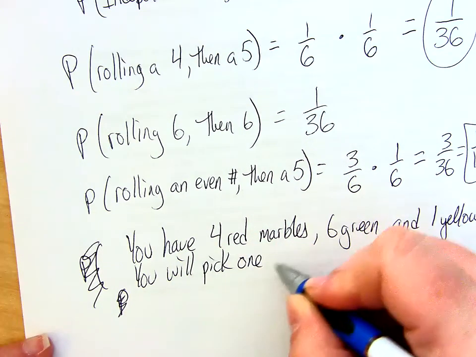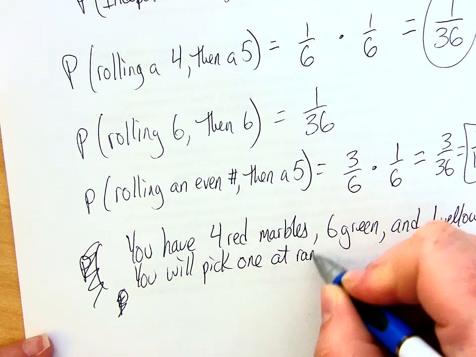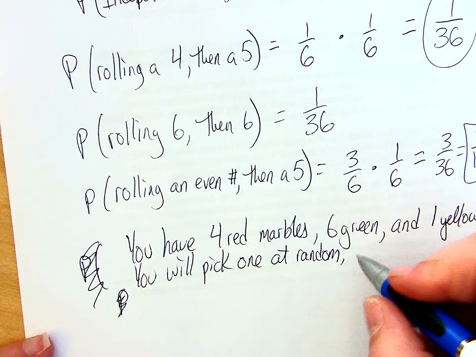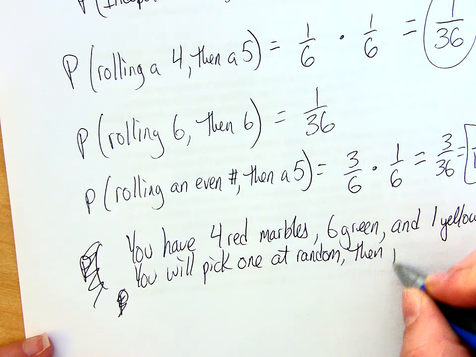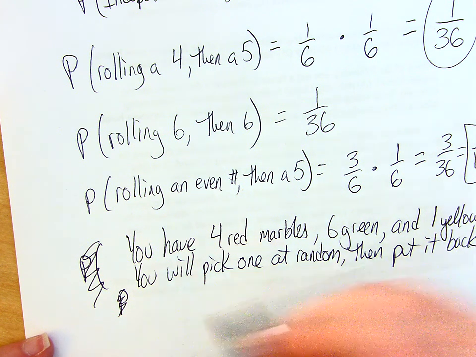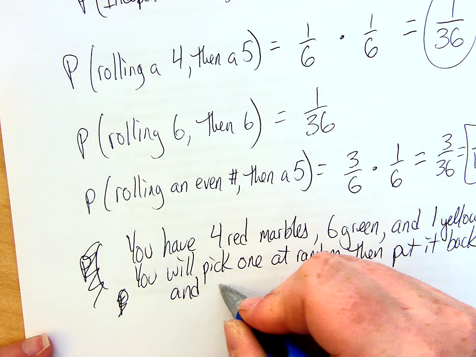So you are going to pick one at random, then put it back and pick another.